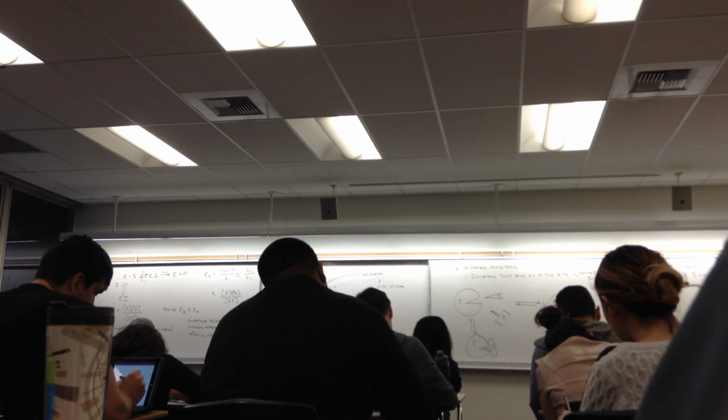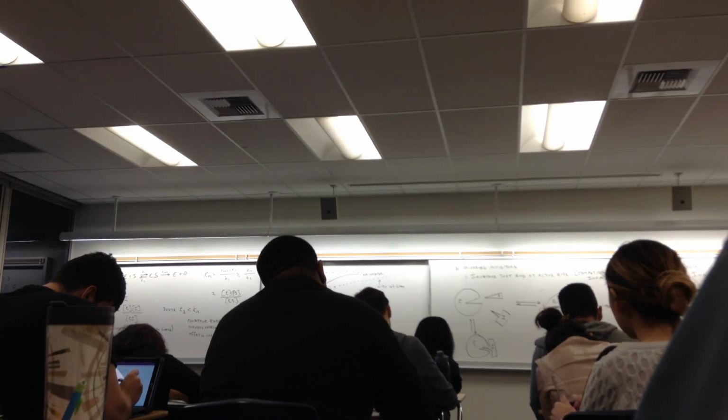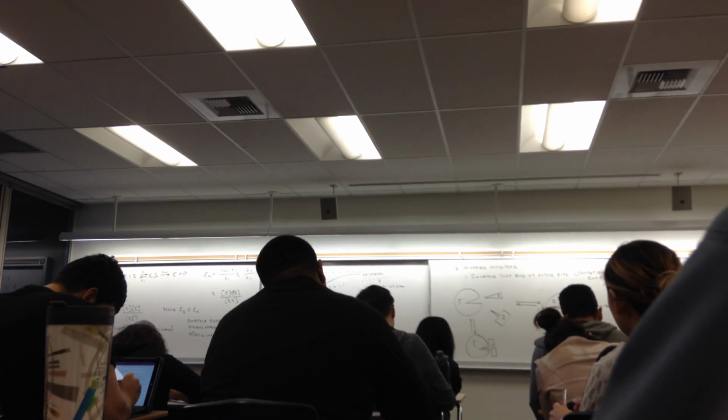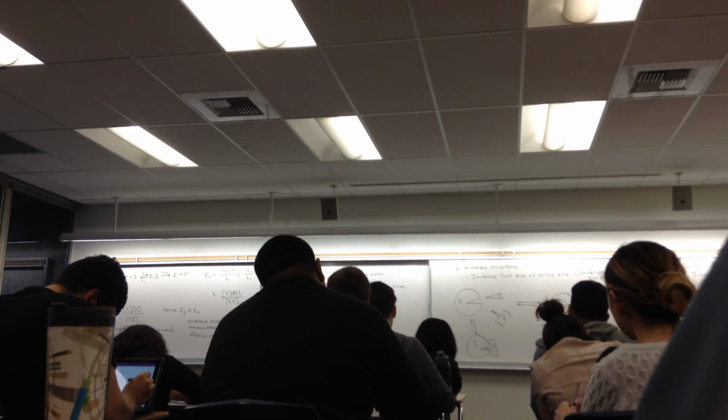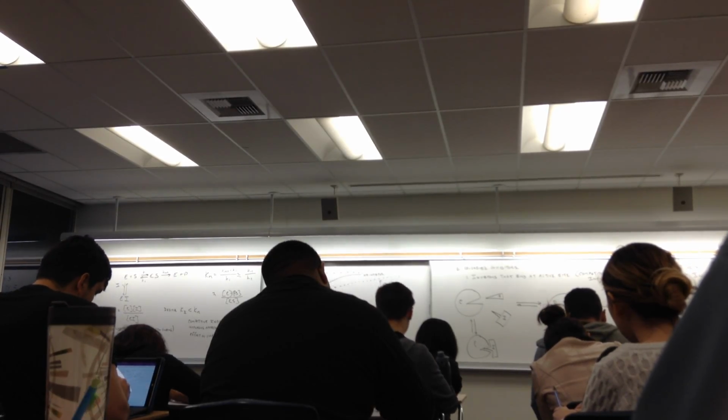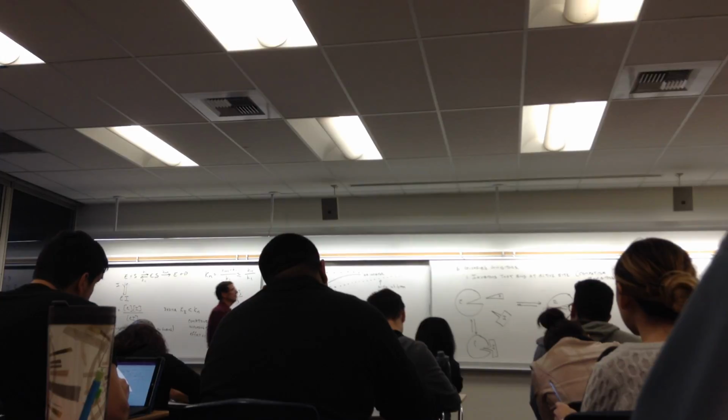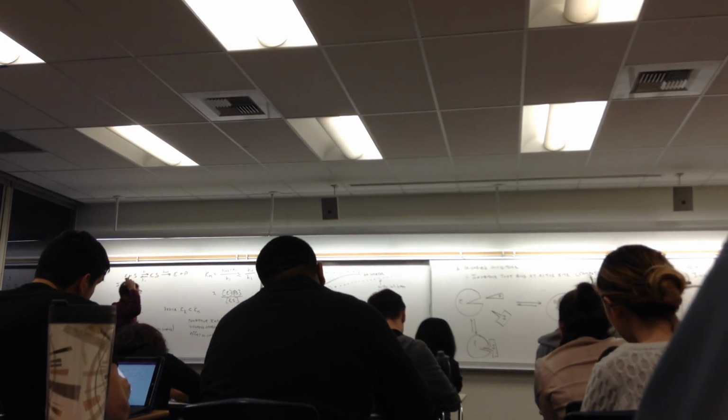So this is the apparent Km with the inhibitor. These are supposed to be nice, smooth curves.